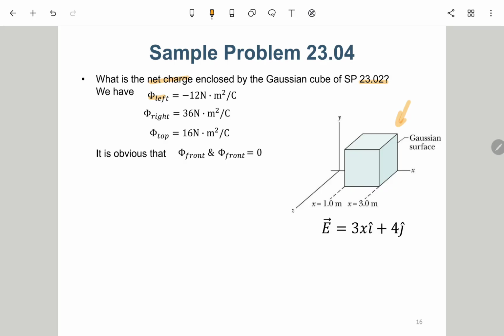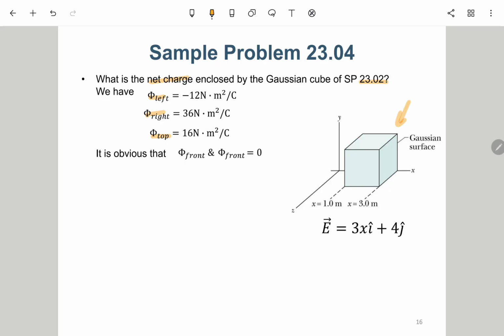We have phi left, the total flux for the left surface, the total flux for the right surface, and the total flux for the top surface. There are six surfaces for a cube, so we need to calculate the remaining three.